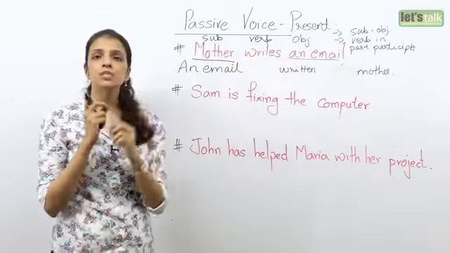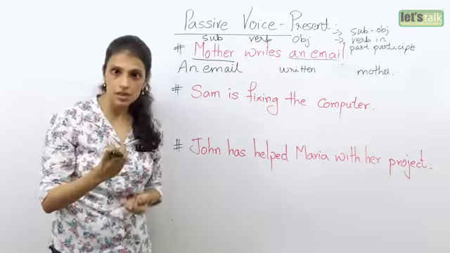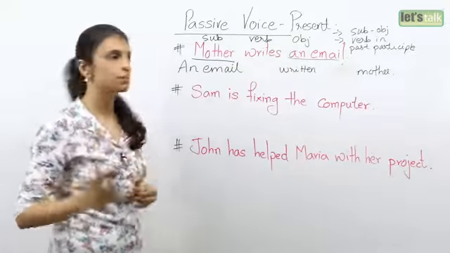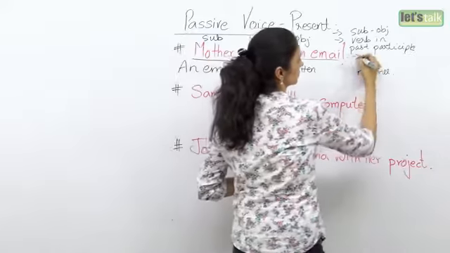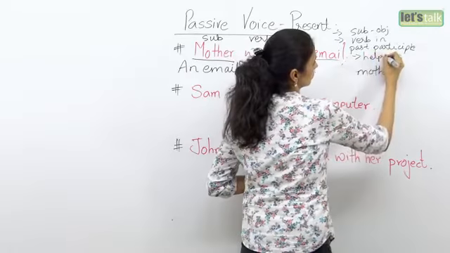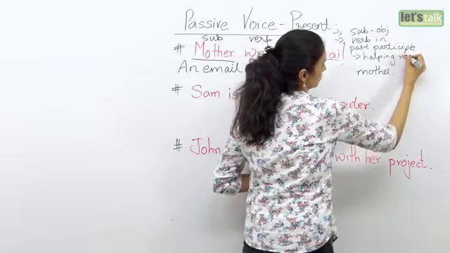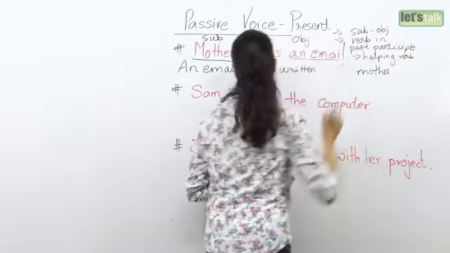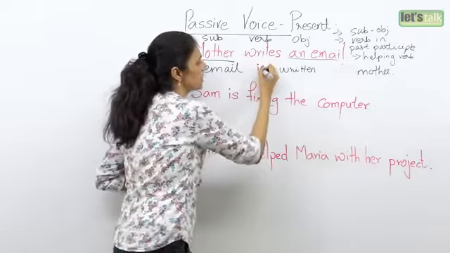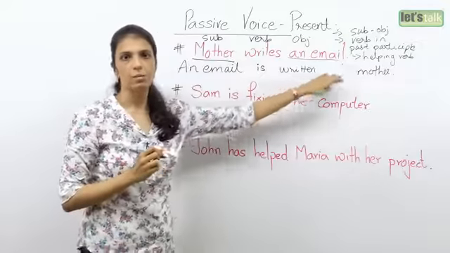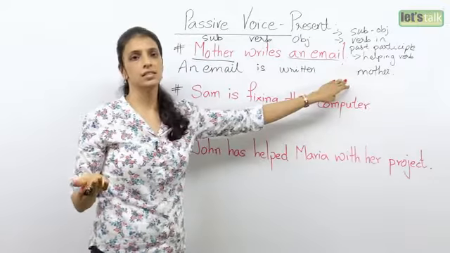So you use an auxiliary verb. An auxiliary verb is nothing but a helping or a supporting verb. Because it's just one email, so the present verb is. An email is written.